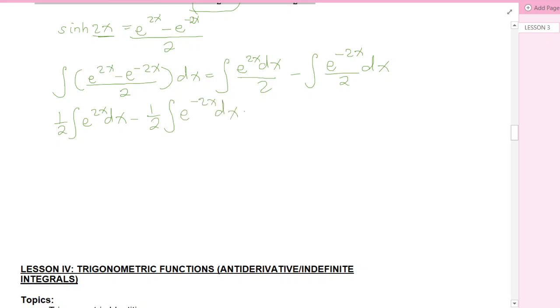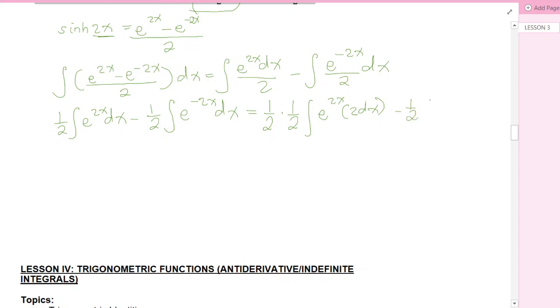We have to manipulate this again because it is raised to 2. Okay, so for this one, manipulating that will give us 1 times 2 times 1/2, the integral of e raised to 2x, that is already 2 dx. Since we have divided by 2, we multiply it by 2. Okay, that is minus 1/2.